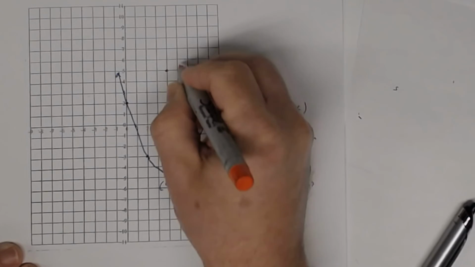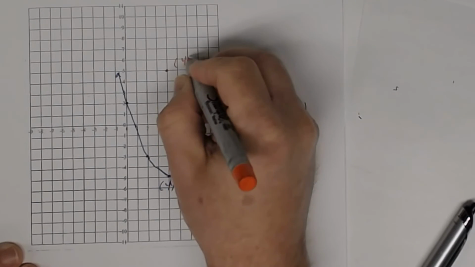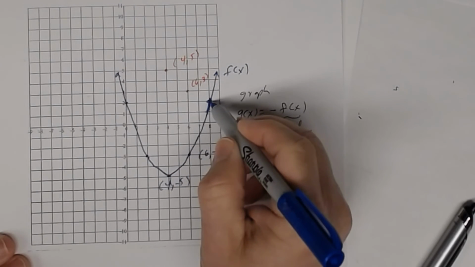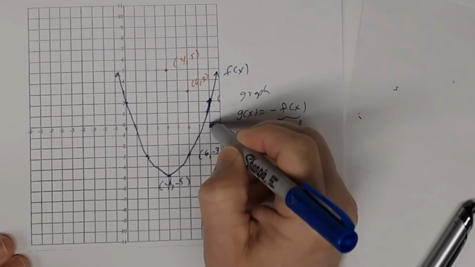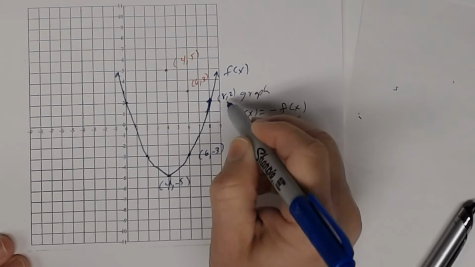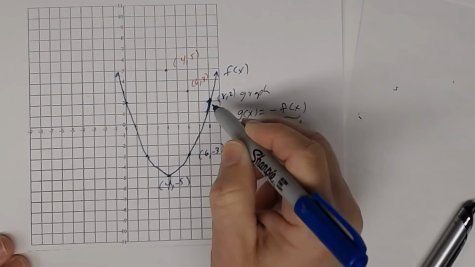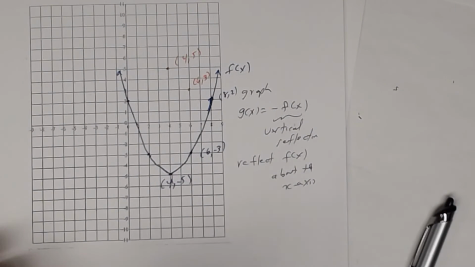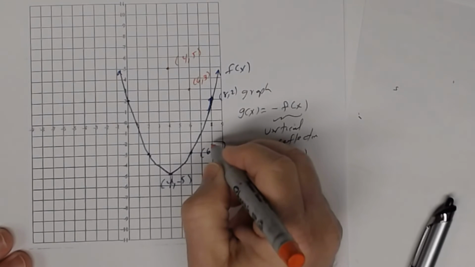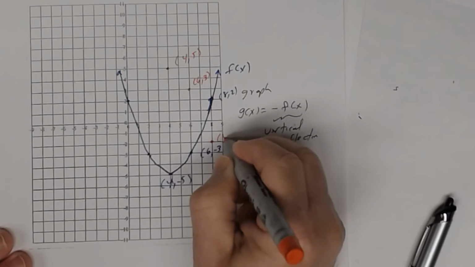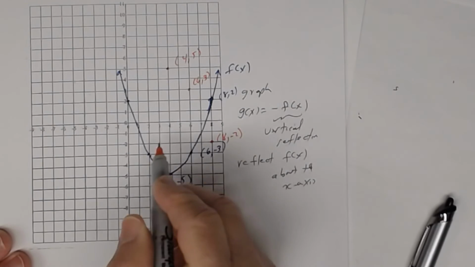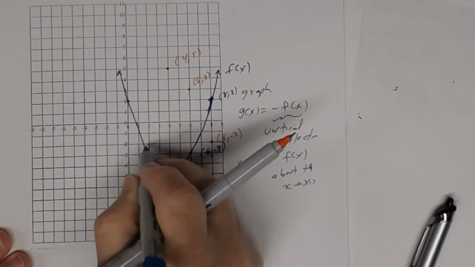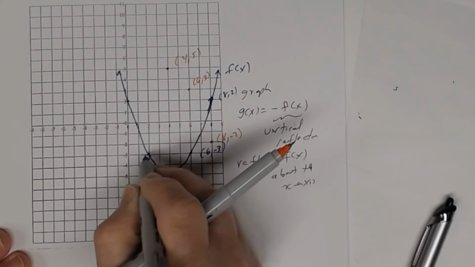Then this point here is 8, 2. Whenever I do a vertical reflection, 8, 2 becomes the point 8, -2, right? So 8, -2 is right here. And then over here, see how simple this is? It's not difficult. This point here is 2, -3.